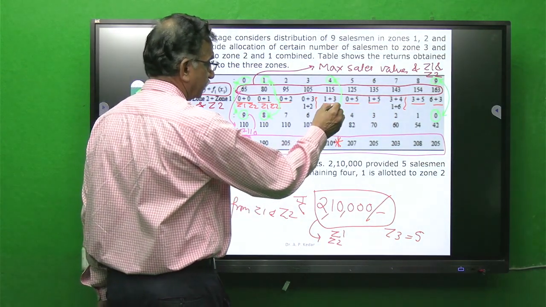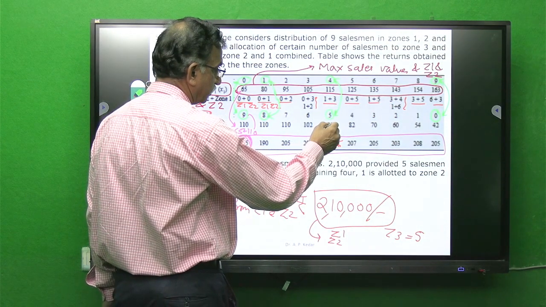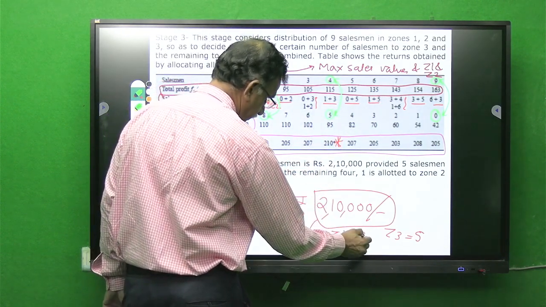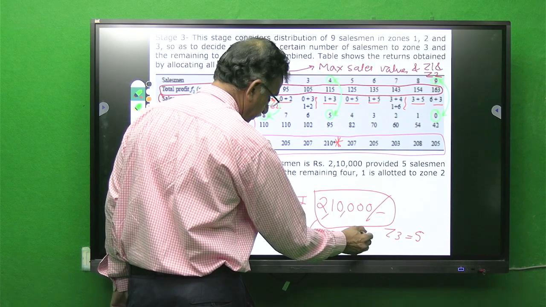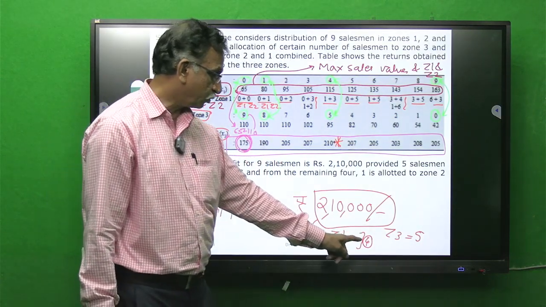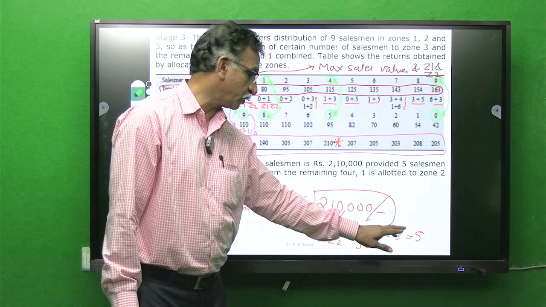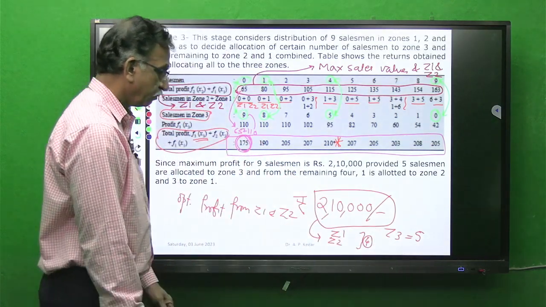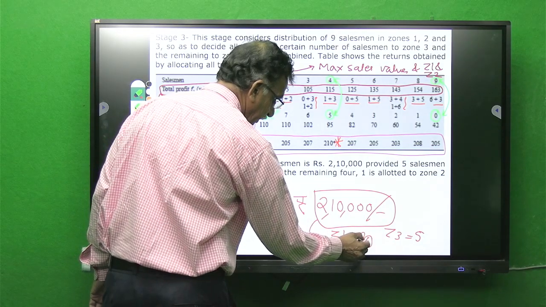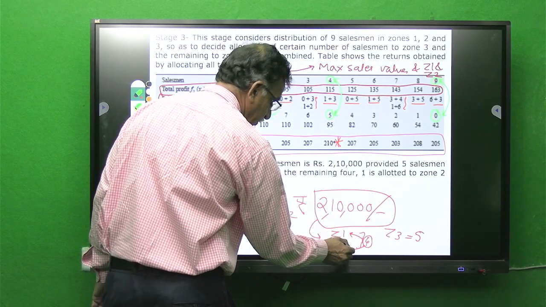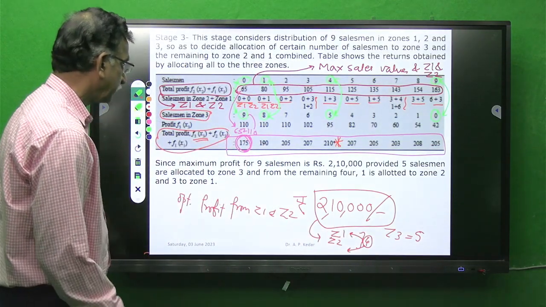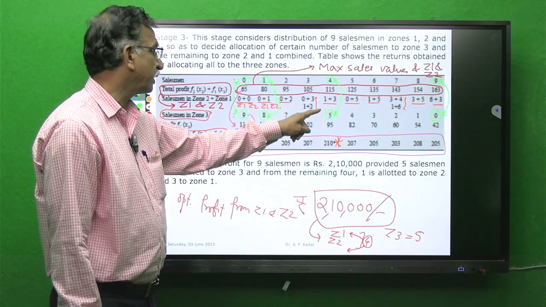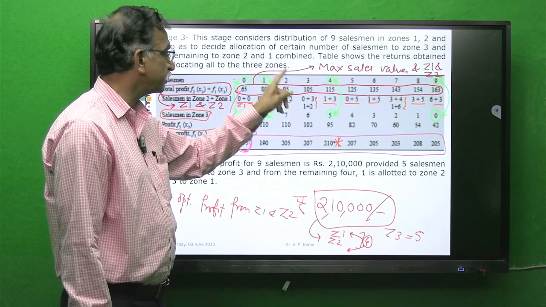Then from zone 1 and 2 you are having a total of 4. So now your task is over. One task is over, that 5 plus 4 is 9. But how are these 4 divided amongst zone Z1 and Z2? That you can get from the value which we have star marked in the previous matrix as 115.